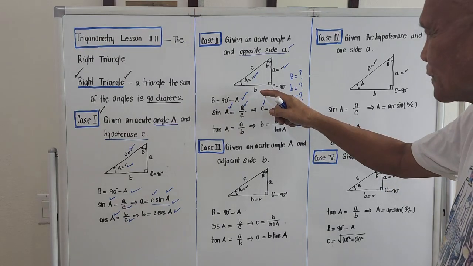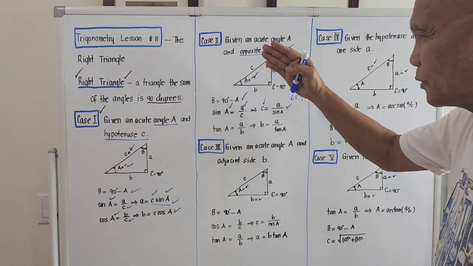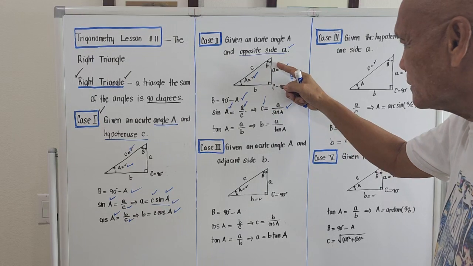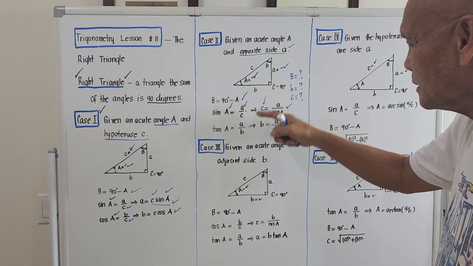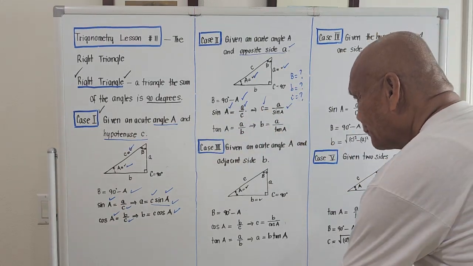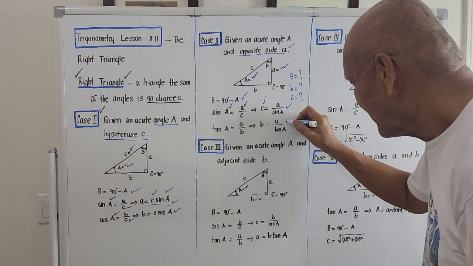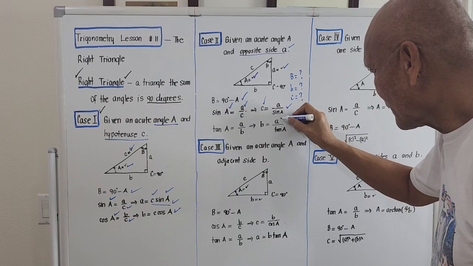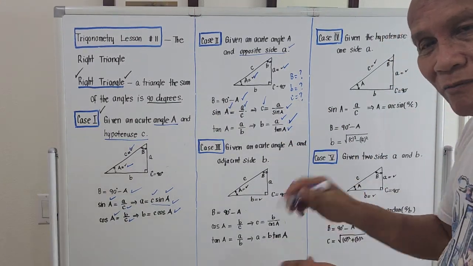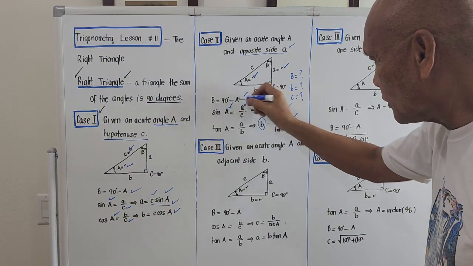What's next? If we try to compute for side B, what will be the proper definition? We use tangent. Tangent of angle A will be opposite over adjacent, so tangent of angle A will be A over B. We must compute for B, so B will be equal to A over tangent A. We are given A and we are given angle A. We could take the tangent, divide A by that value, and we could compute for B. Okay, we know C and we know B already.